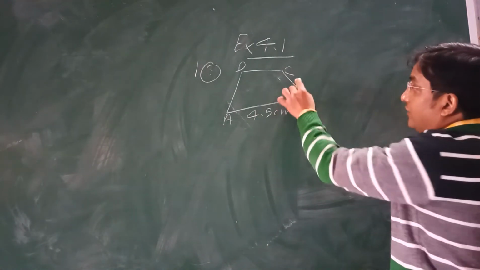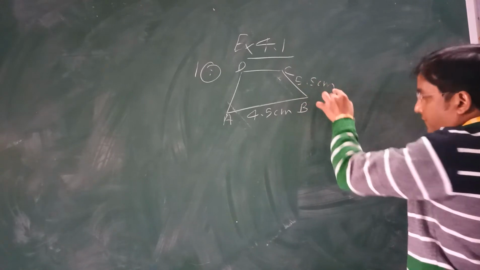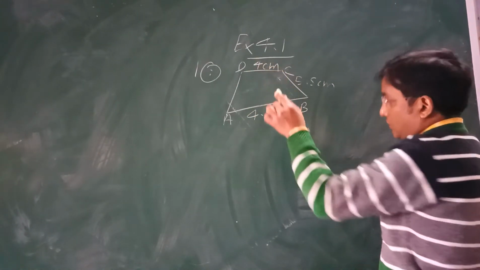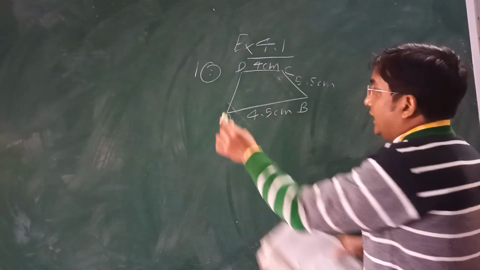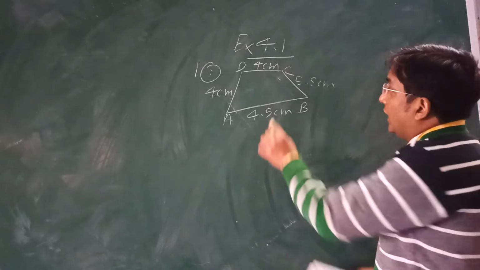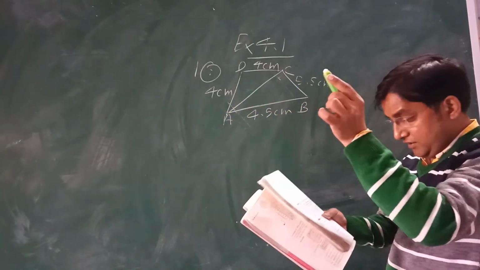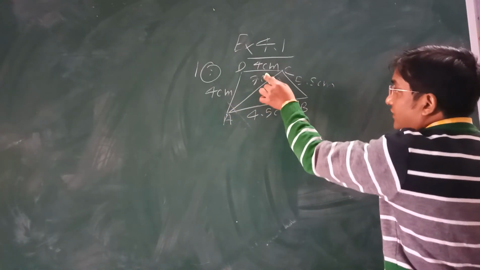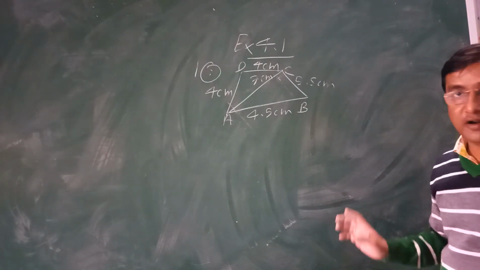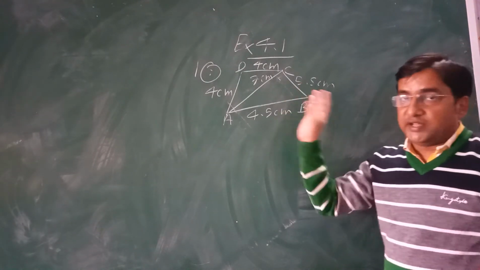BC is 5.5. CD is 4. AD is 4 centimeter. And AC is 7 centimeter. Okay. Now please halt for a while and just listen to me very carefully.